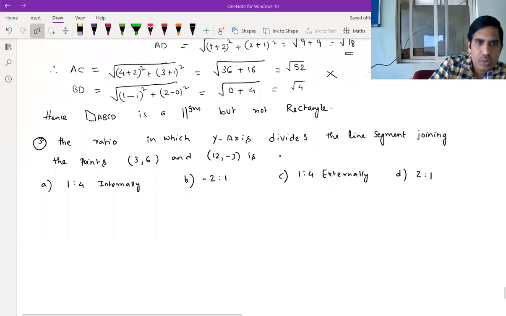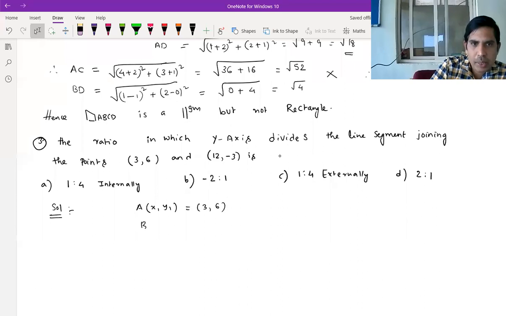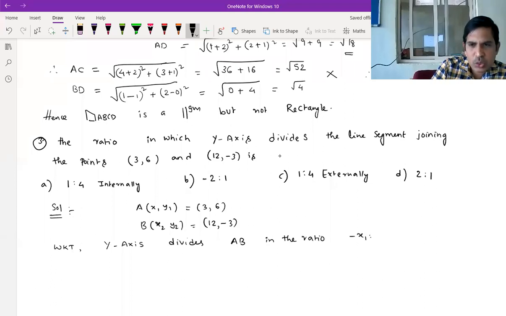Right. So solution is, so this is a point x1 comma y1, what is that? 3, 6. B point x2 comma y2, nothing but 12, -3. Okay? So we know that y-axis divides AB in the ratio, what is that? -x1:x2 internally.